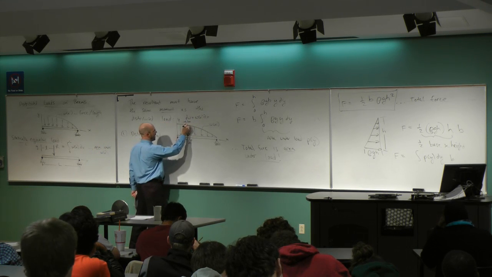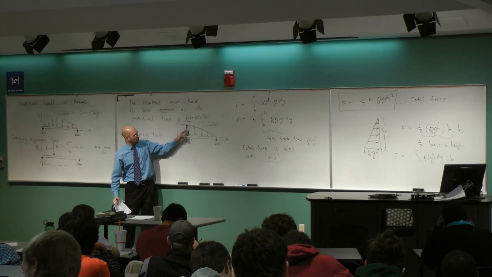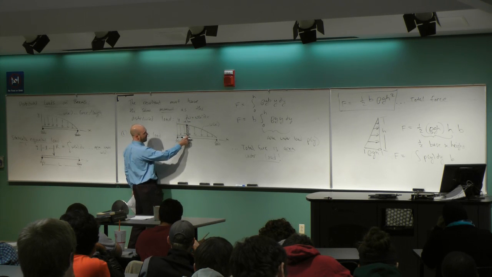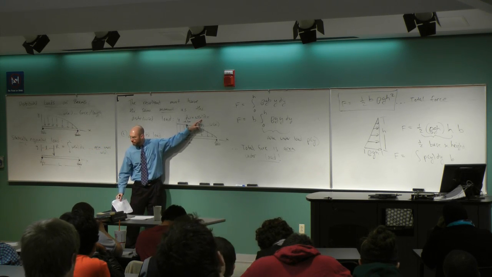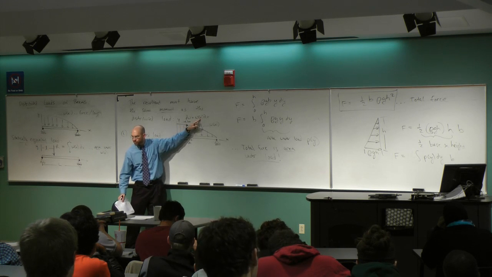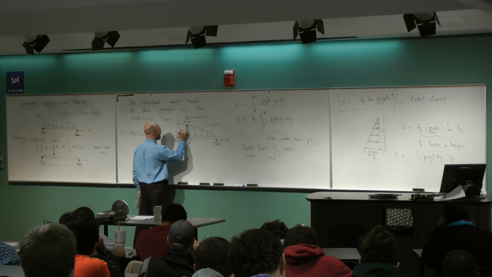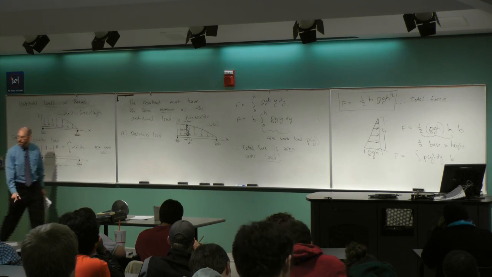So at any location here, I've got a value of the load, that's the w. The width of it is dx. So if w is force per unit length, if I multiply by the length, I get a force. This little piece of load can be located any distance x from the left side.